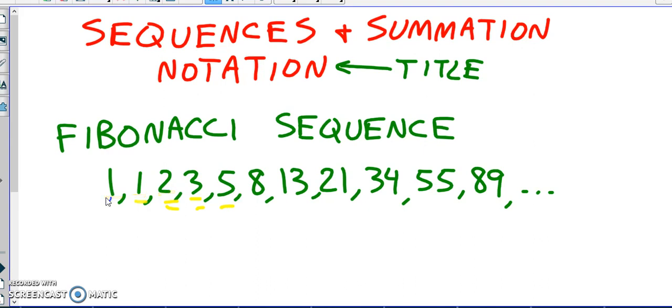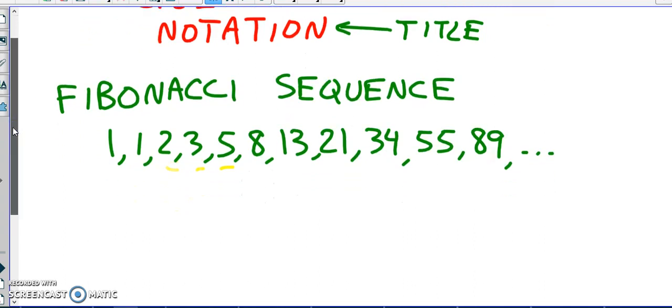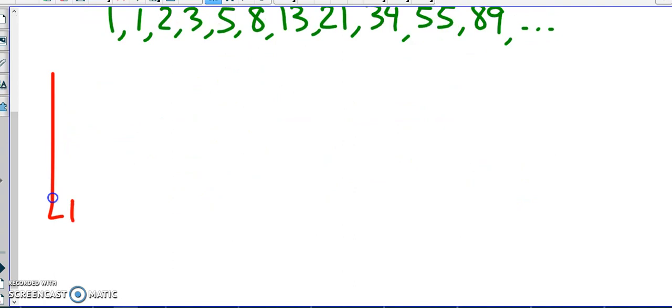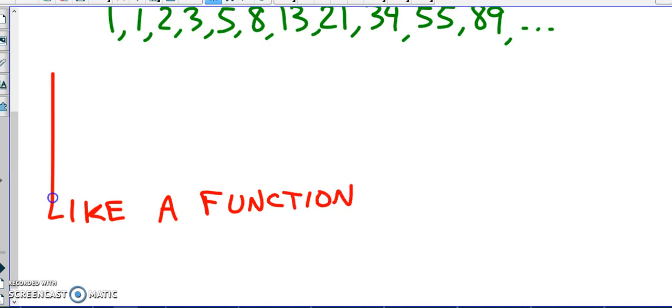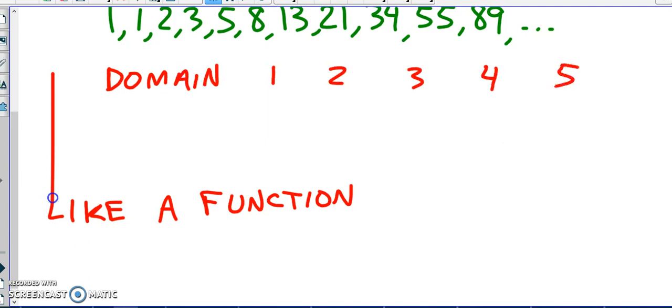Now, this is almost like a function, where the domain would be the positive integers, 1, 2, 3, 4, 5.